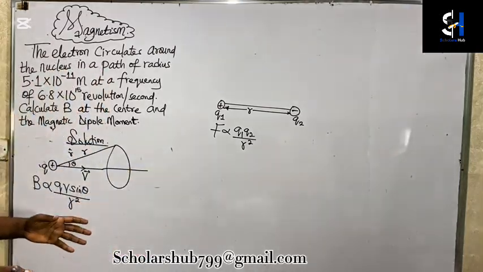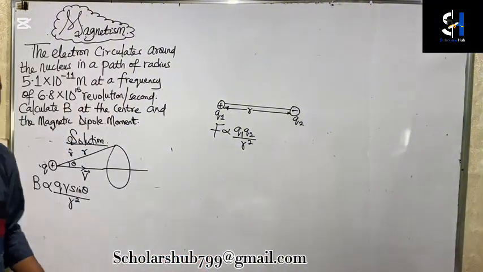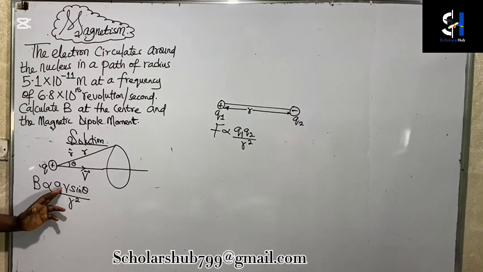So in this case, we employ the Biot-Savart law. We have B proportional to q v sine theta over r squared.